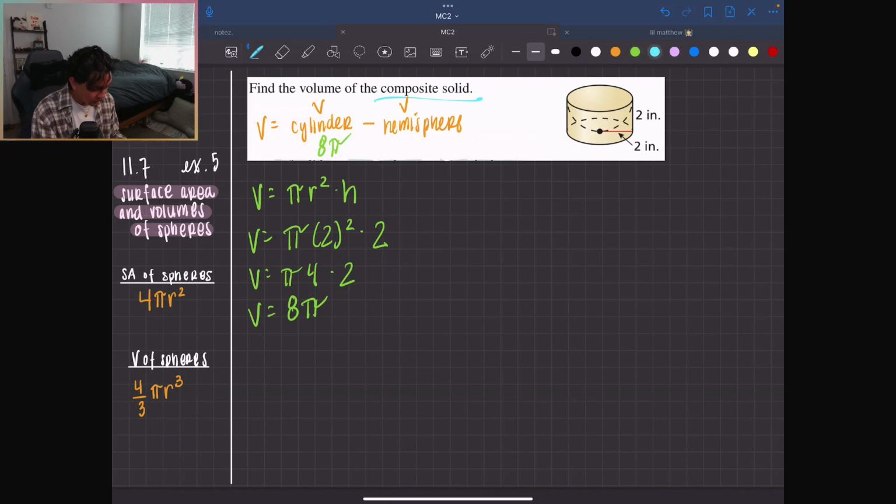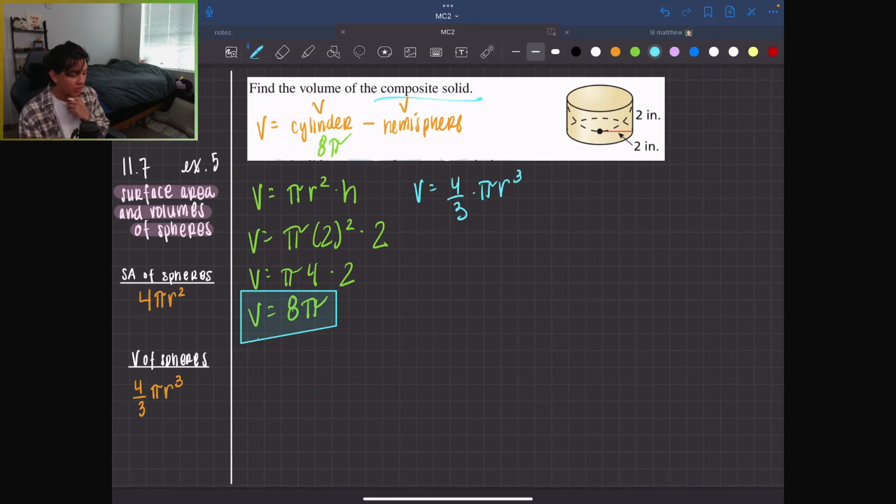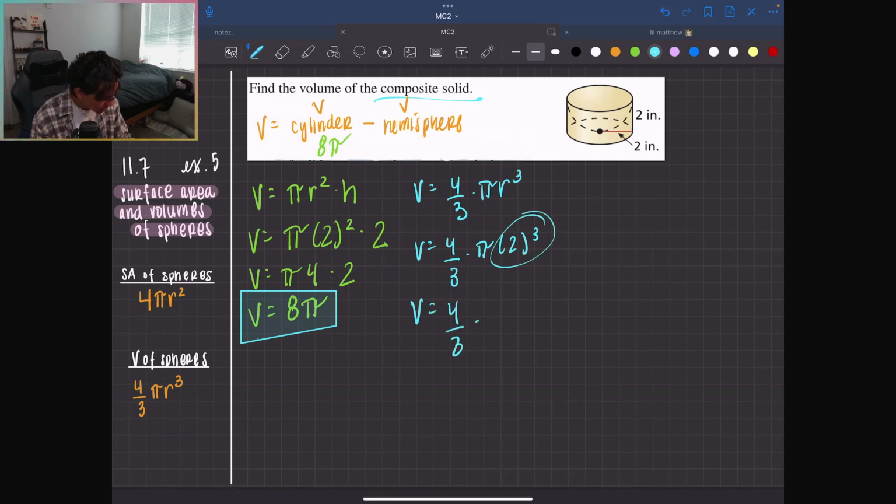Now let's find the volume of this hemisphere. The volume of a sphere is 4/3 times pi r cubed. Once we find that volume, we just cut it in half. So the volume is 4/3 times pi. What's our radius here? It is 2. 2 cubed. So the volume is 4/3 times 2 times 2 times 2. 2 cubed is going to be 8.